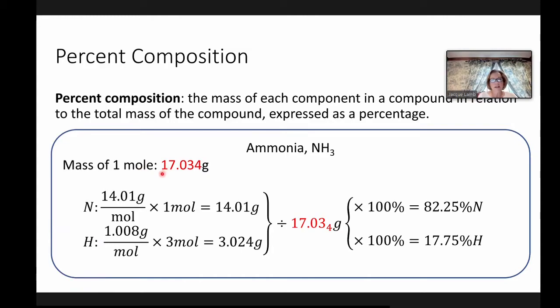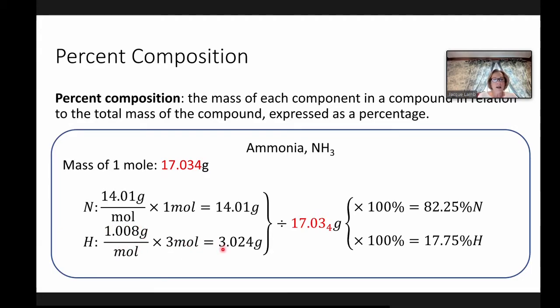The mass of 1 mole is 17.034 grams. So nitrogen, there's 1 nitrogen, its molar mass is 14.01. So 14.01 grams of this total is nitrogen. There are 3 hydrogens, each mole has a mass of 1.008.